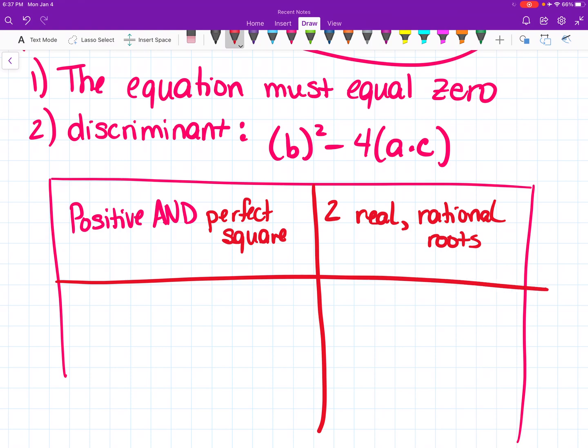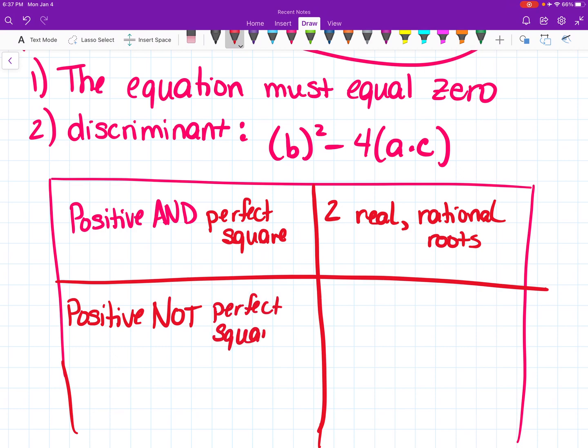Rational meaning they can be written as fractions or whole numbers. Okay? If the discriminant is positive and not a perfect square, then you're going to have 2 real roots, they're still real, but they're going to be irrational, because you're going to be square rooting something that doesn't come out nicely. Okay?